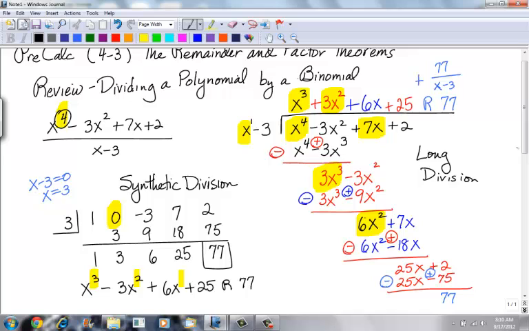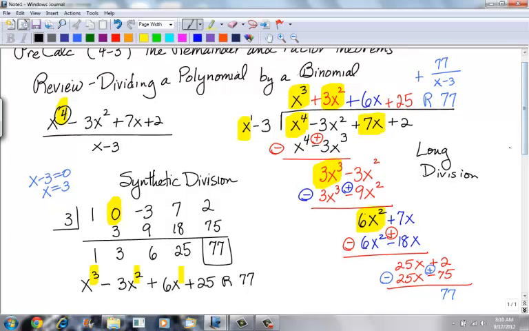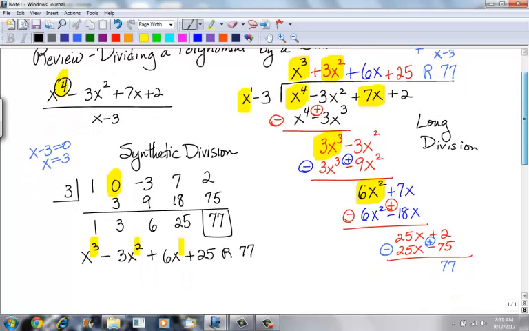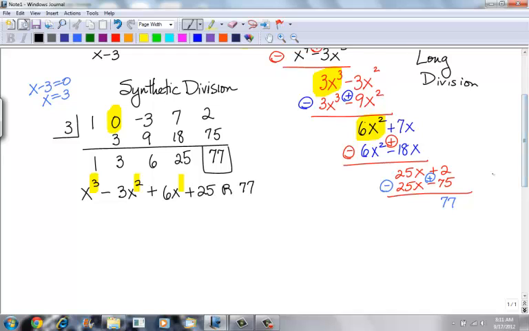Okay, now, is x minus 3 a factor of that original polynomial? Did it go in there evenly? No, we had a remainder, so it's not a factor. For it to be a factor, what does the remainder have to be? 0. Okay?